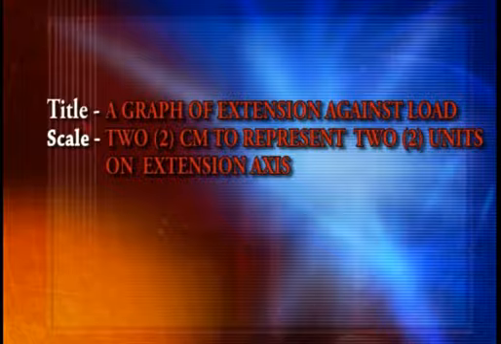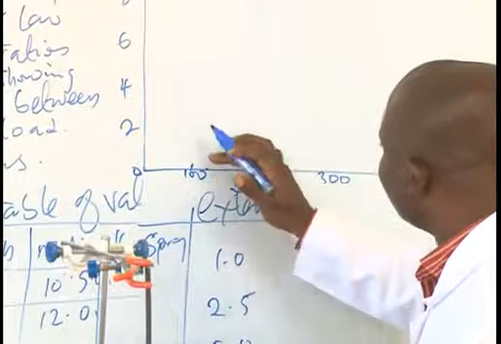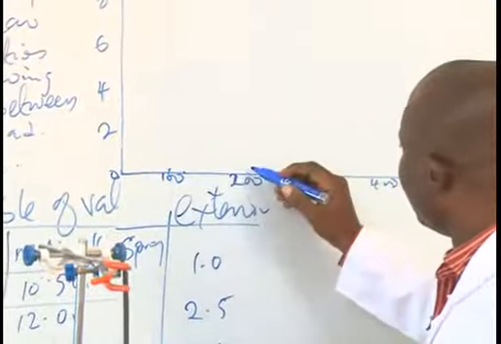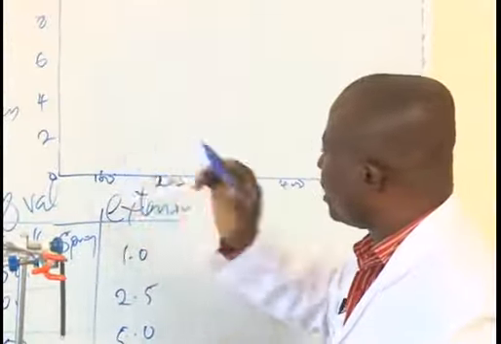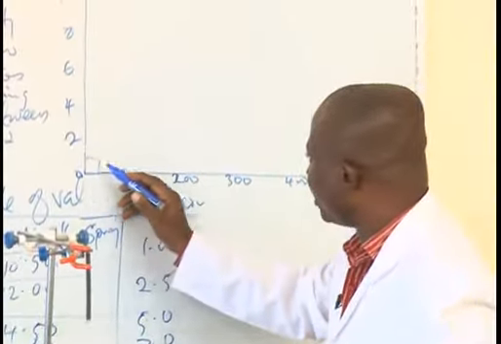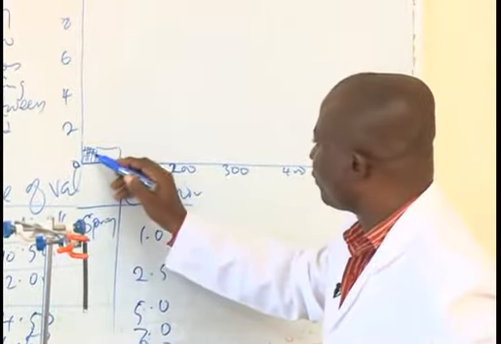On the extension axis. Let's assume that from here to here is 1. That is 1 box. From here to here is another 2 boxes. Here, here. 1, 2, 3, 4, 5.